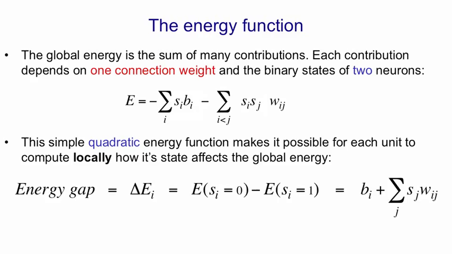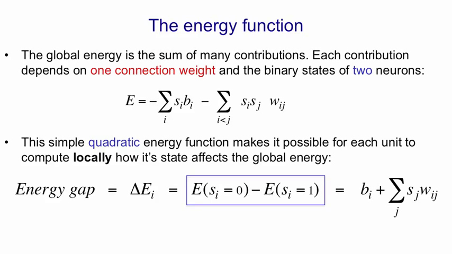The energy gap for a unit i is the difference in the global energy of the whole configuration depending on whether or not i is on. So we're going to define the energy gap as the difference between the energy when i is off and the energy when i is on. And that difference is just what's being computed by the binary threshold decision rule.